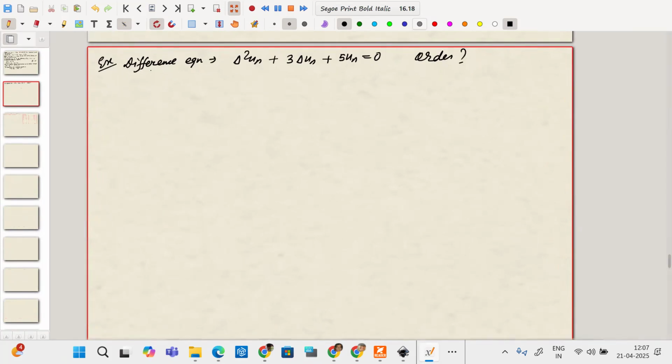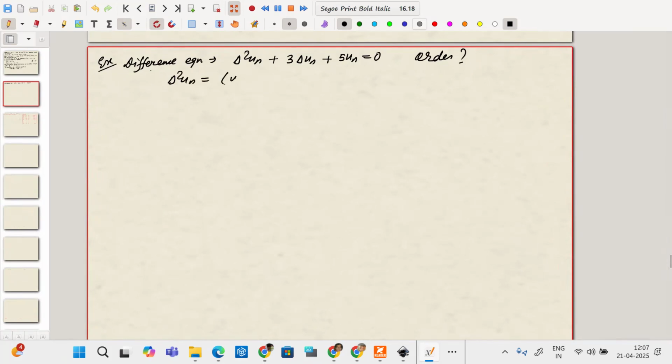No, you don't just look at this 2 and say it's 2. You have to solve it. You have to compute what the order is. Order is the relationship between the farthest subscript and the oldest subscript. So can you substitute what is delta squared u(n)?